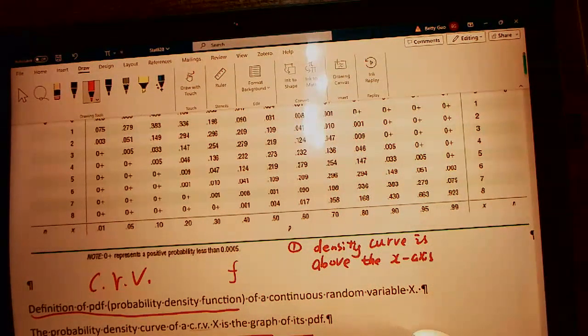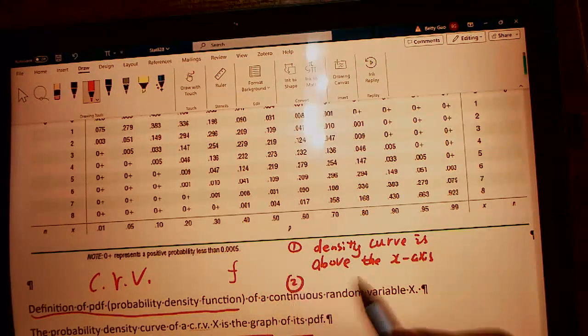When we talk about graph, we are talking about a two-dimensional space, a rectangular coordinate system. In a rectangular coordinate system, the density curve has to be above the x-axis. No part is below the x-axis. That's the first thing. In order for a curve to be a density curve for a continuous random variable, the first condition to be satisfied is the curve has to be above the x-axis, no part below the x-axis.